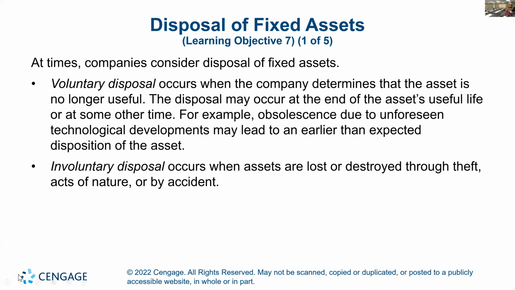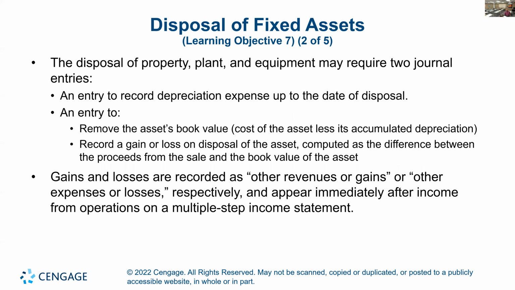And finally, the last thing we're going to go through on PP&E is disposal of fixed assets. There's a voluntary disposal and an involuntary disposal, which count for the same. When we go to record the disposal of fixed assets, the first thing we always need to do is make a journal entry to update the depreciation to that point in time.